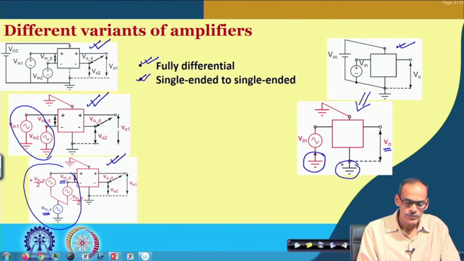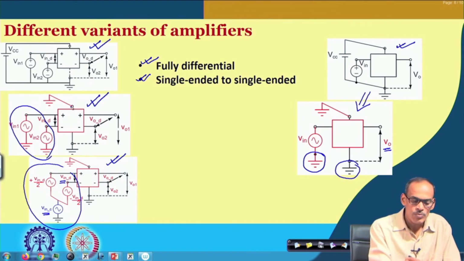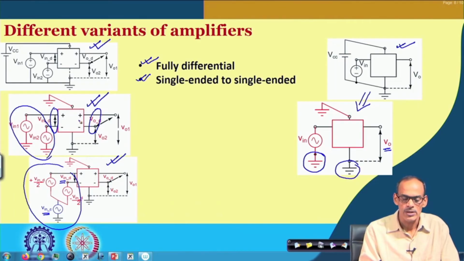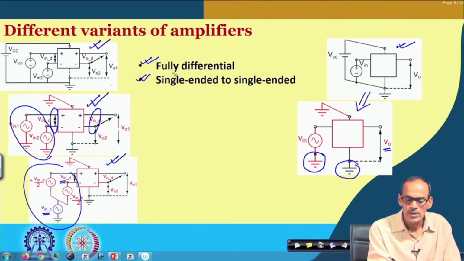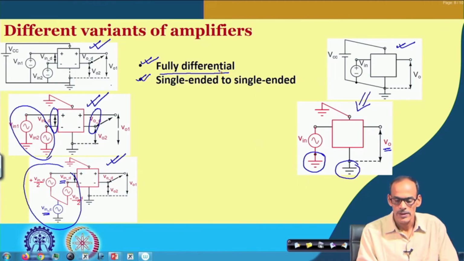You might have seen that for this circuit, both the input port and output port are differential. That is why this circuit is referred to as fully differential, whereas for this case both input and output are single ended, so it is referred to as a single ended amplifier.